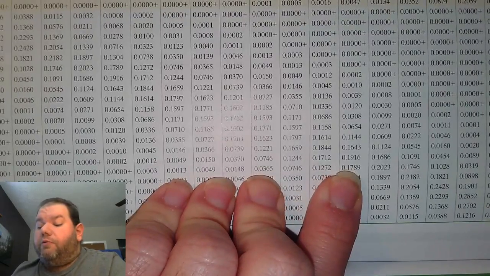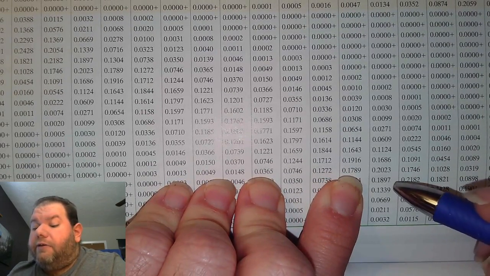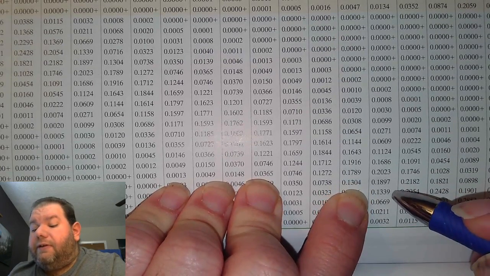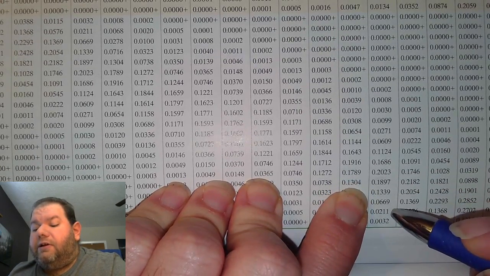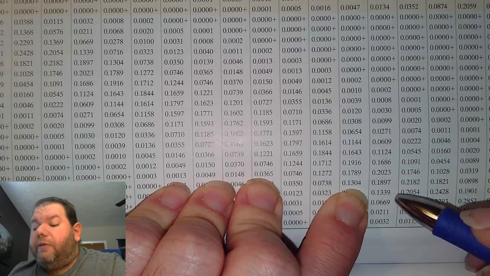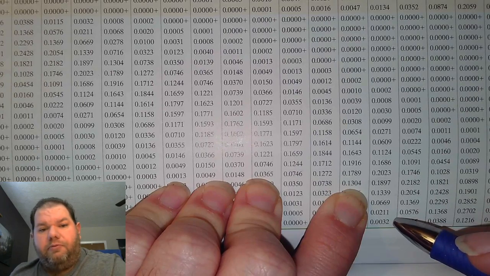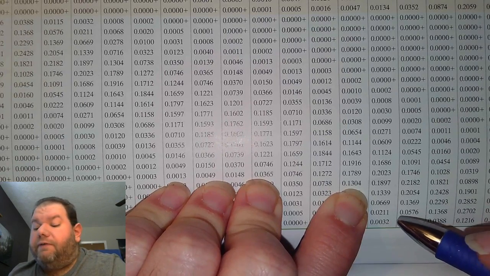And so what we would do here is add together 17, 18, 19, and 20. We would add together these last four numbers, and it should equal what we just came up with, which is 0.225.